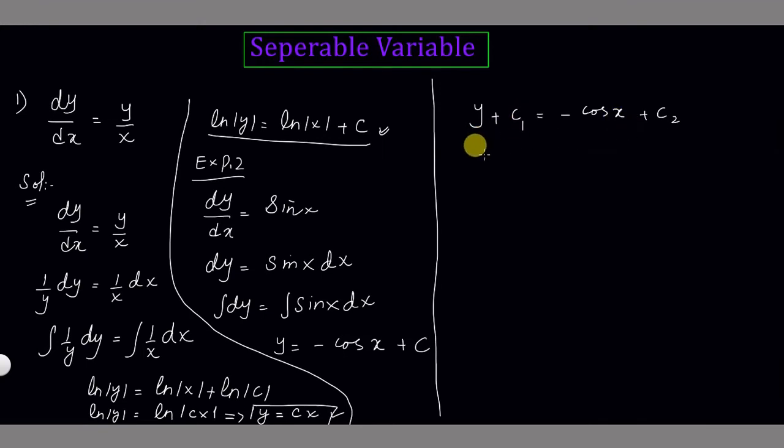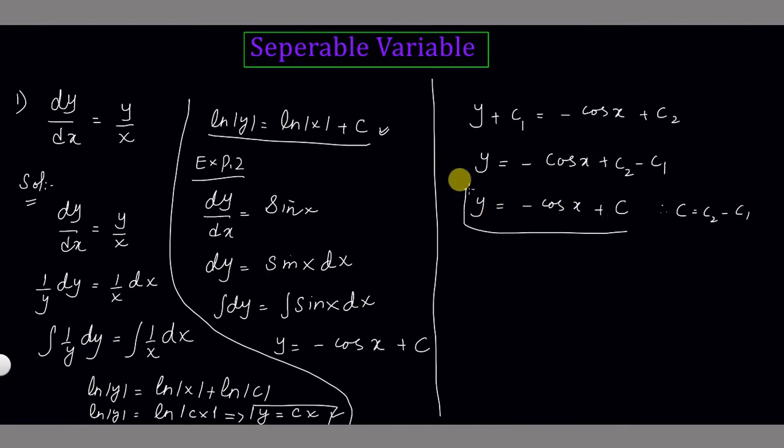Since they are constants, their subtraction will be another constant. If we subtract c2 minus c1, we will get another constant and name that constant c. For instance, c is equal to c2 minus c1. So this answer is actually the same as this particular answer.